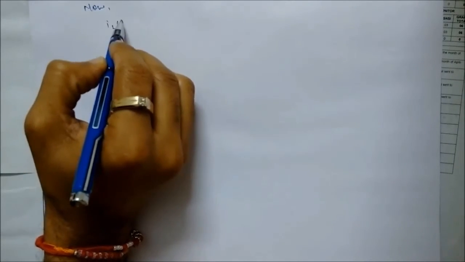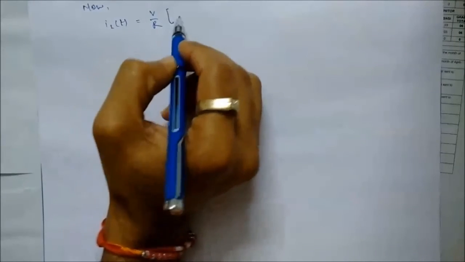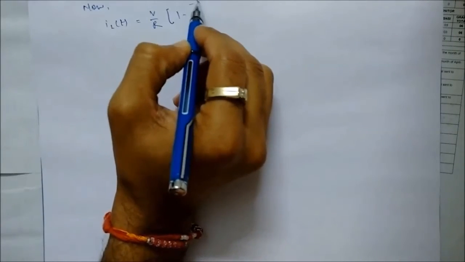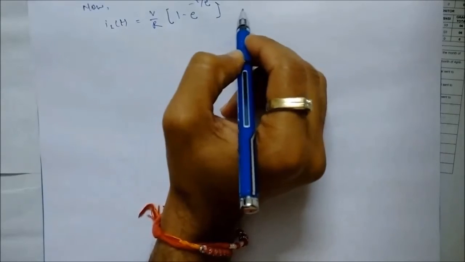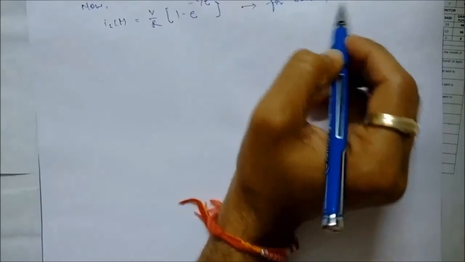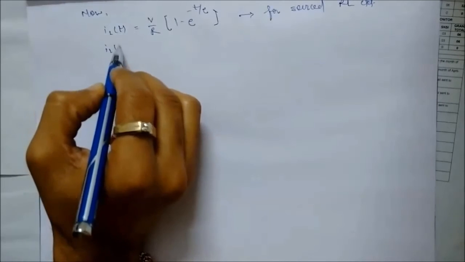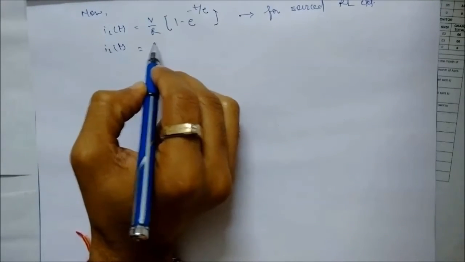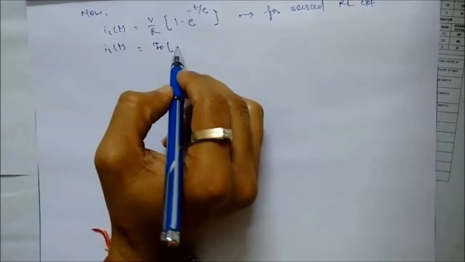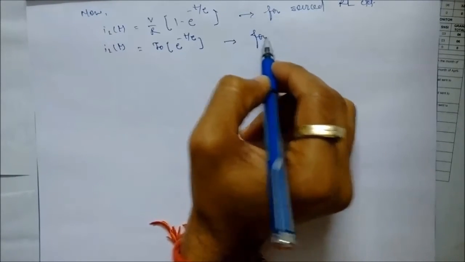Now, as we have seen, iL(t) is equal to V upon R into bracket 1 minus e to the power minus t upon tau for sourced RL circuit, and iL(t) is equal to I0 into e to the power minus t upon tau for source free RL circuit.